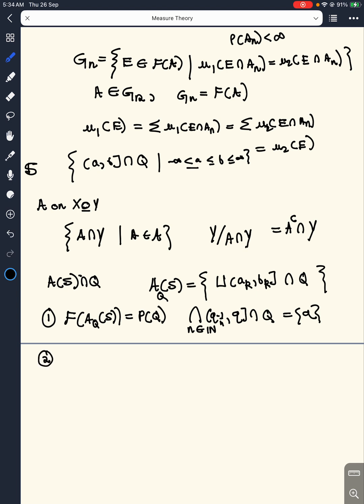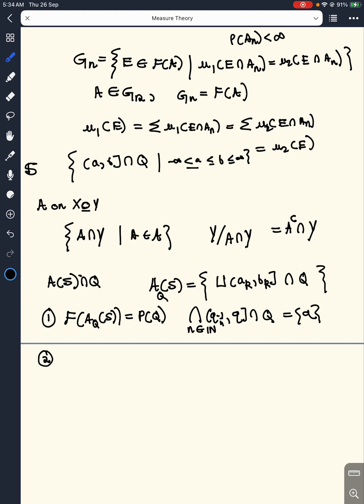Second, this is not sigma finite. So lambda is the given function here. So lambda is a pre-measure.